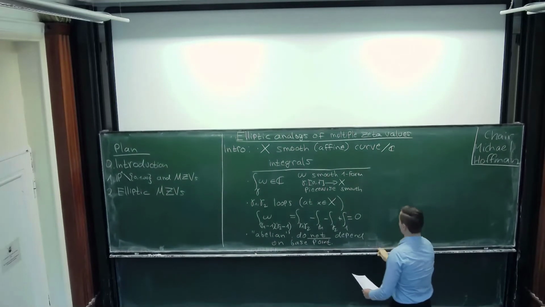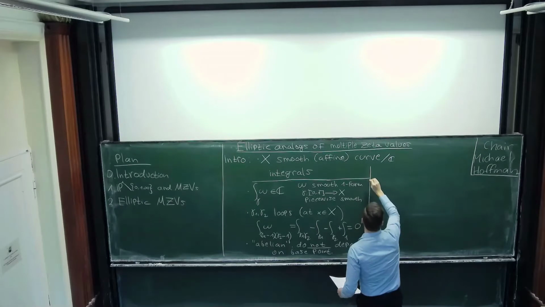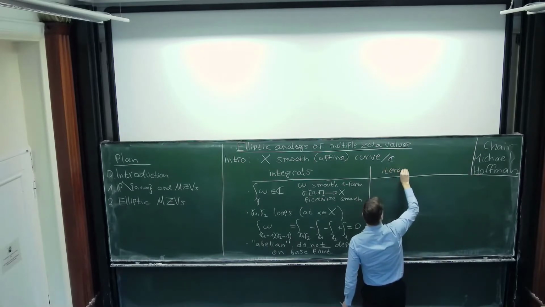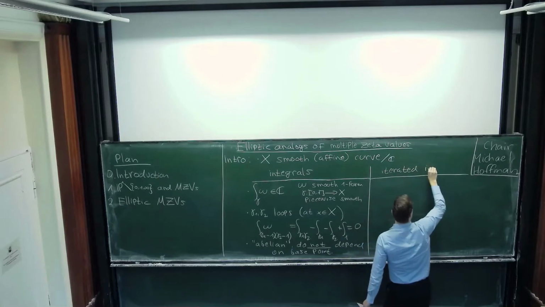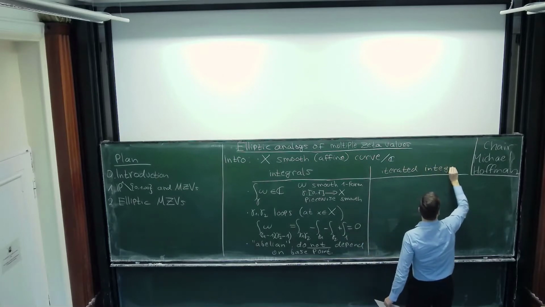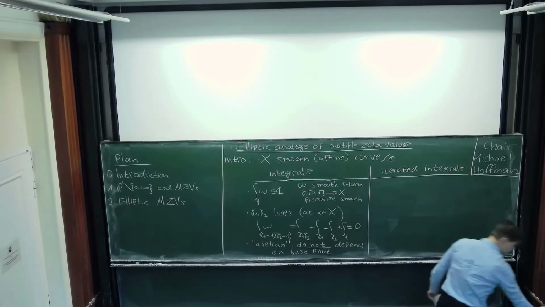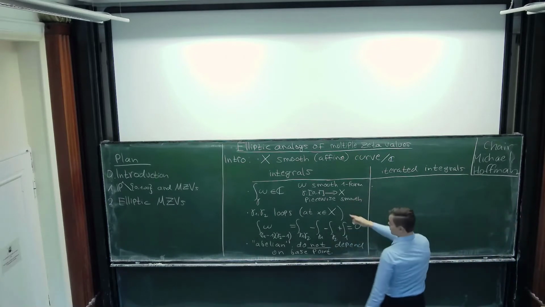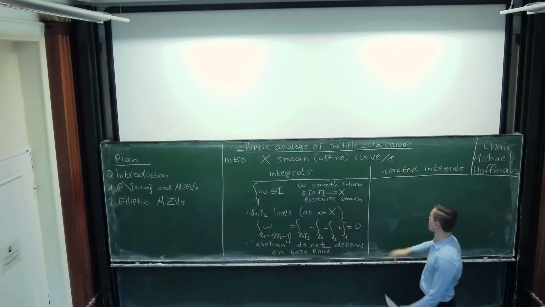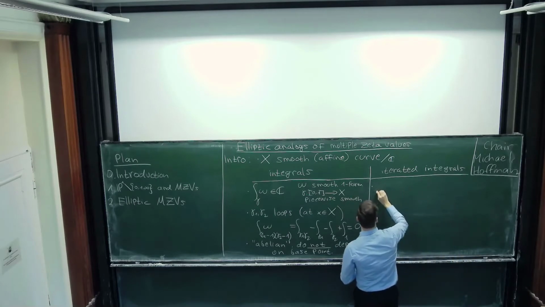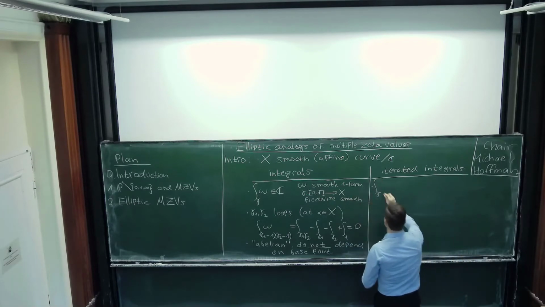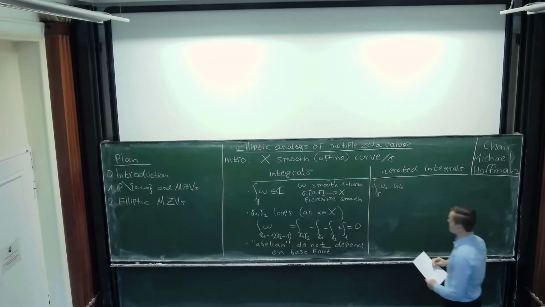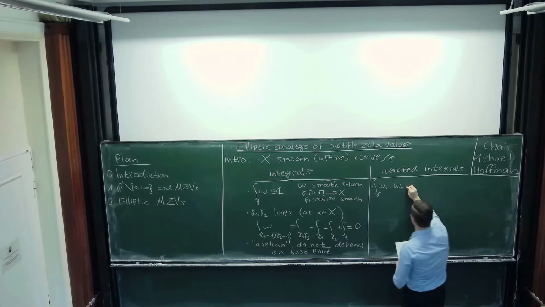On the other hand, if you want to look at iterated integrals, so what are iterated integrals? Now you don't just have one smooth one form, but you have a whole collection of smooth one forms. You still have one path gamma, and you have smooth one forms omega 1 to omega s. What do I mean by this?